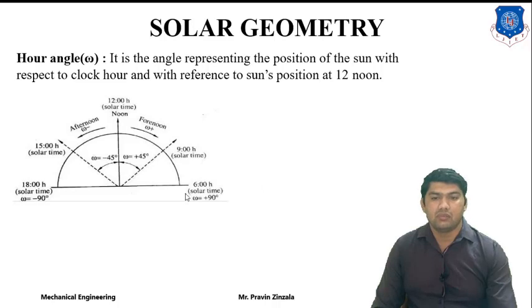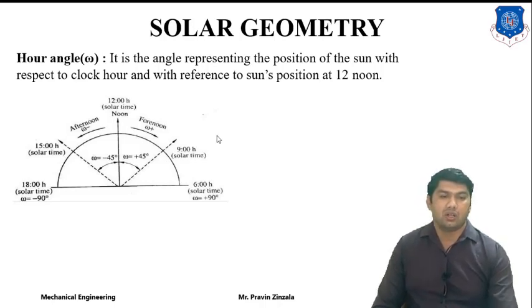For example, this is the position at sunrise, meaning 6 hours. At that solar time we consider omega equal to plus 90, and we can also calculate the zenith angle or incidence angle, or measure declination at different times.